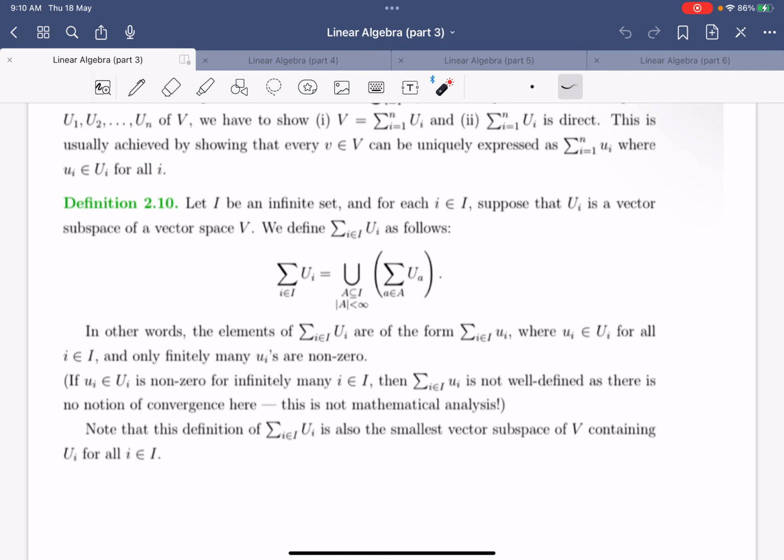But in this case, we need our sum to be finite, and then we just union all these finite sums. And that will be how we define the arbitrary infinite sum. What we really like to note is that this infinite sum is still the smallest subspace containing all the Ui's.